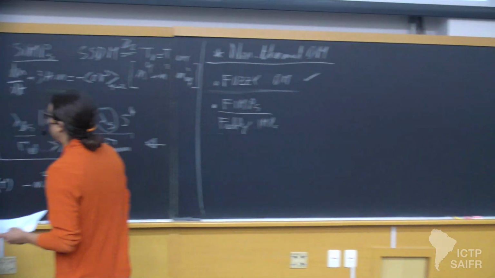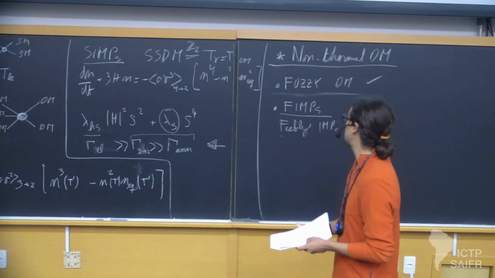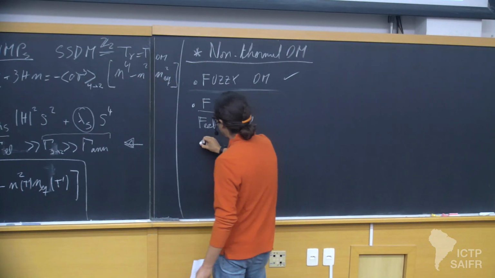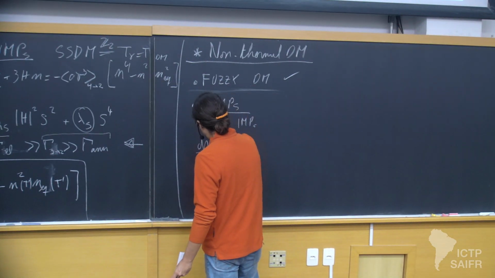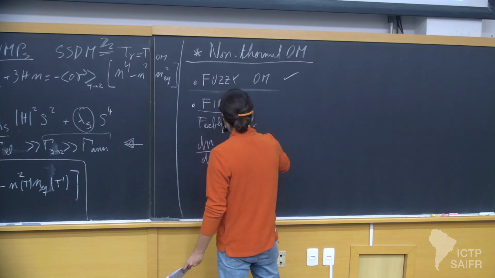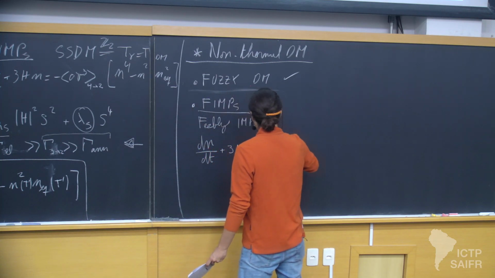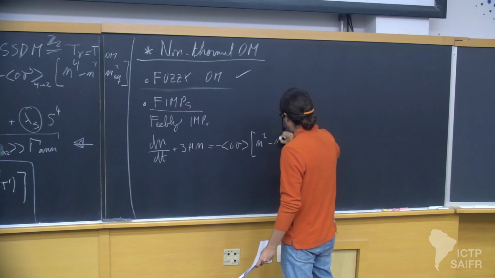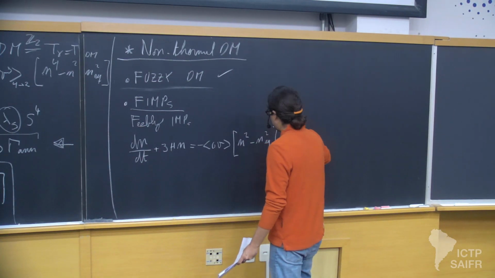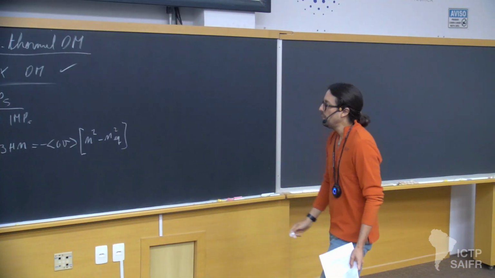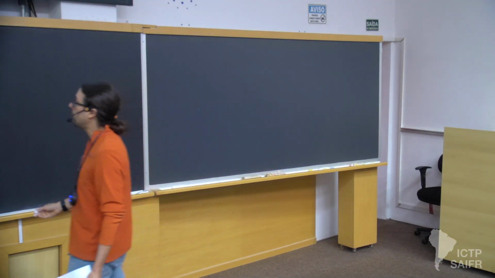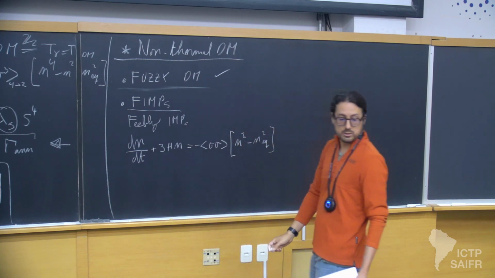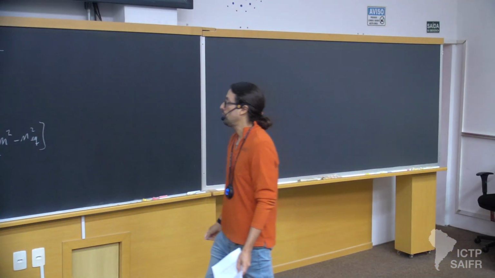And the idea of FIMPs is very easy. So we start again with WIMPs. The Boltzmann equation of WIMPs, I will write it, plus 3HN. And how can we avoid the thermalization of dark matter? So in principle, it's very easy.